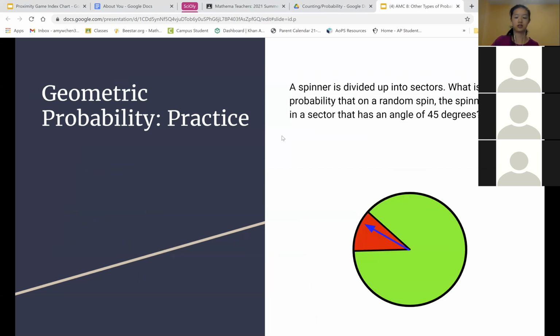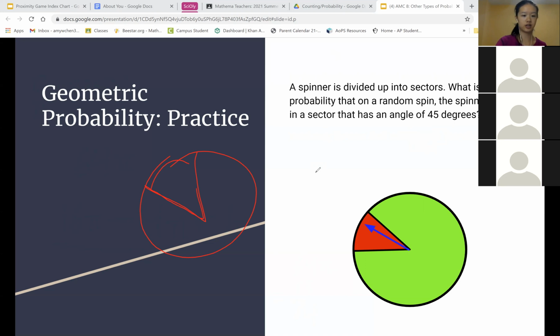All right, this question. A spinner is divided up into sectors. What is the probability that on a random spin, the spinner lands in a sector that has an angle of 45 degrees? And if you don't know what a sector is, think of a circle and think about a slice of the circle, like a little pie piece of the circle.